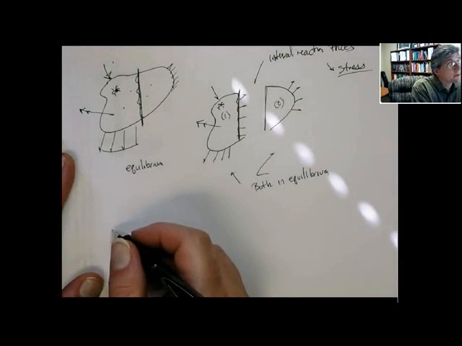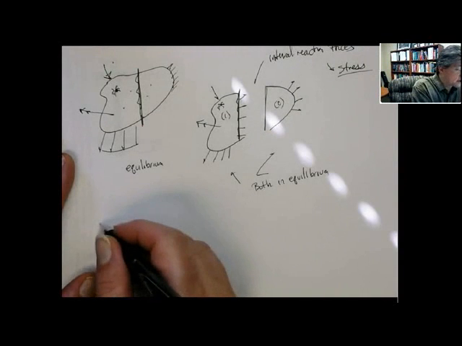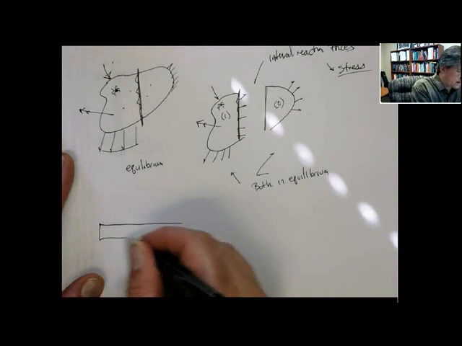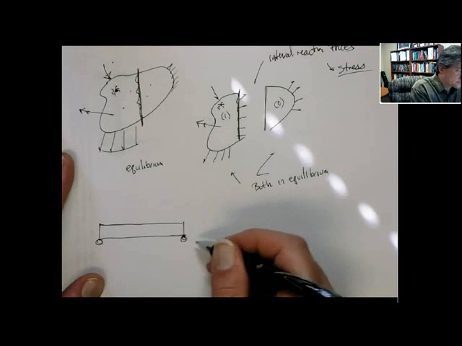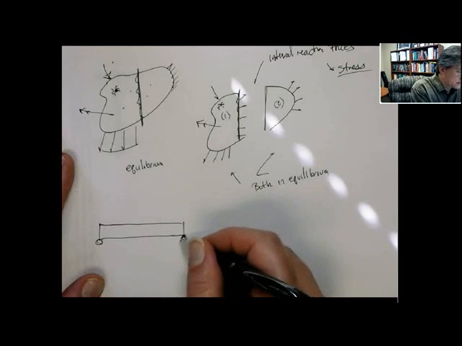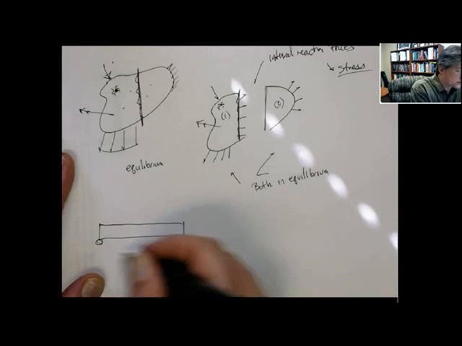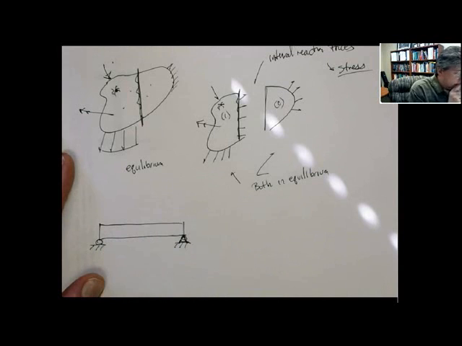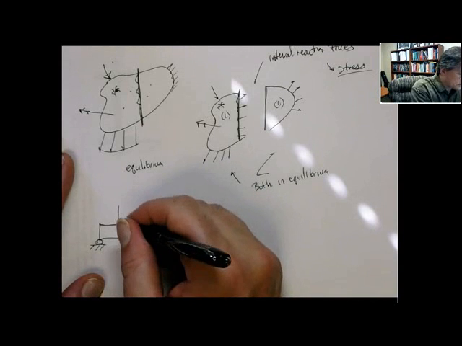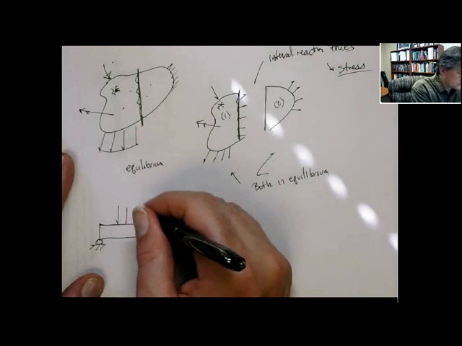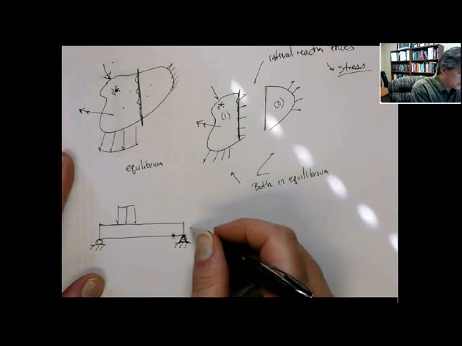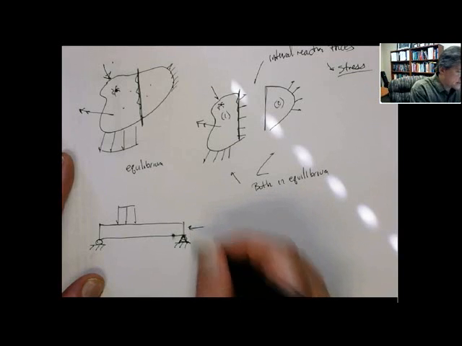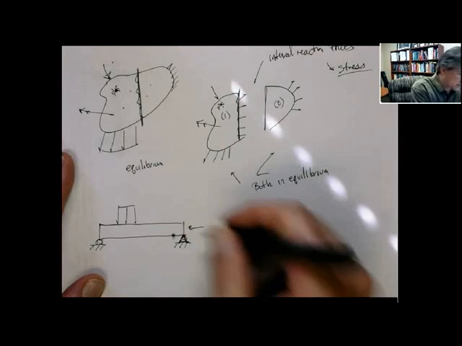Let's see if I can come up with this. Imagine we have the following. So I have a beam that's pinned on one end and on a roller on the other end. And let's put some sort of load, and then also there's an axial load as well.